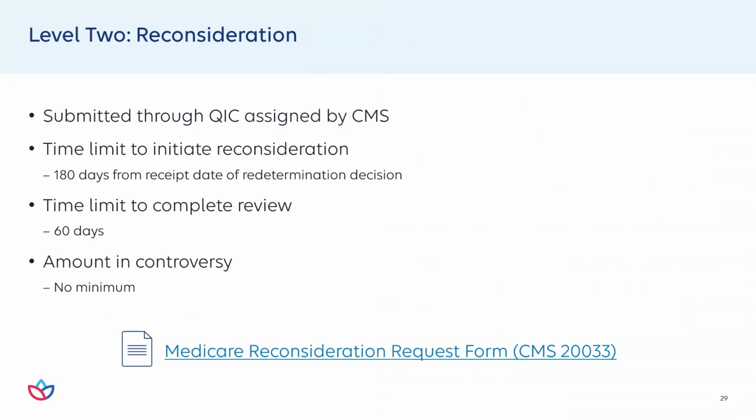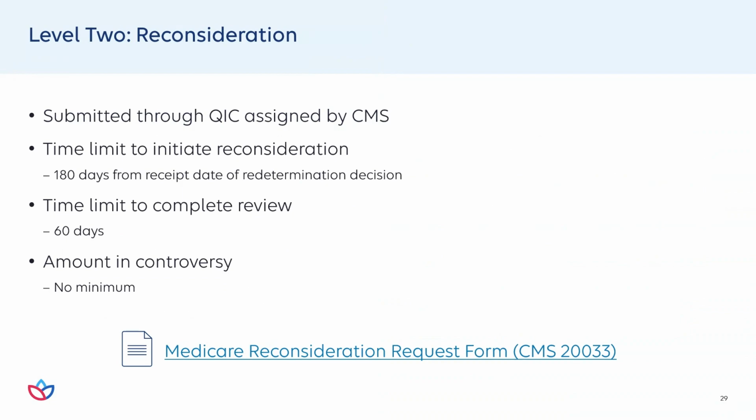Level 2 is your reconsiderations, your second level of appeal. Your second level of appeal is submitted through your QIC, or your Qualified Independent Contractor, and that's assigned by CMS. There are different Qualified Independent Contractors assigned by CMS for different jurisdictions within the United States.